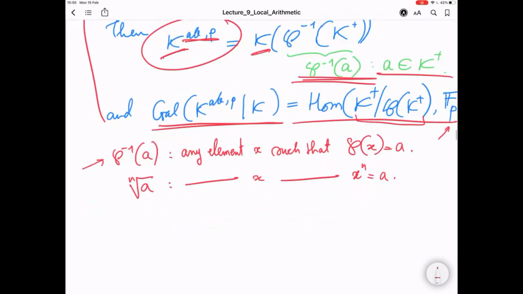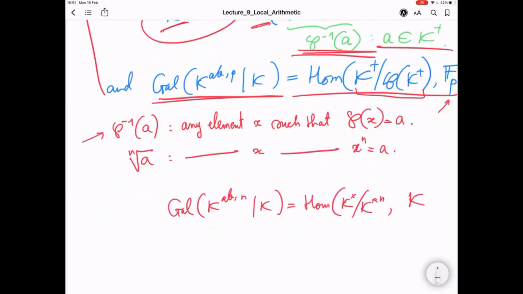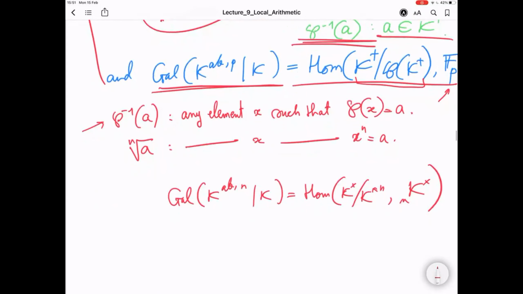The analog earlier in the Kummer case was that the Galois group of the maximal abelian extension of exponent n was the group of all homomorphisms from k star modulo nth powers with values in the group of elements killed by n.